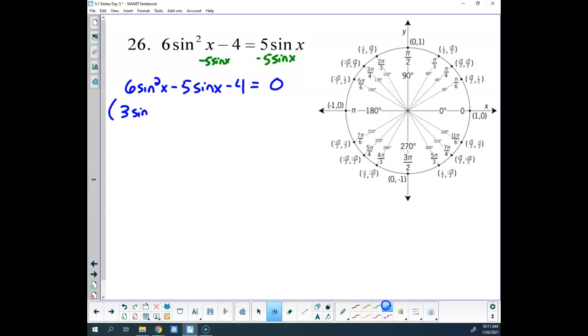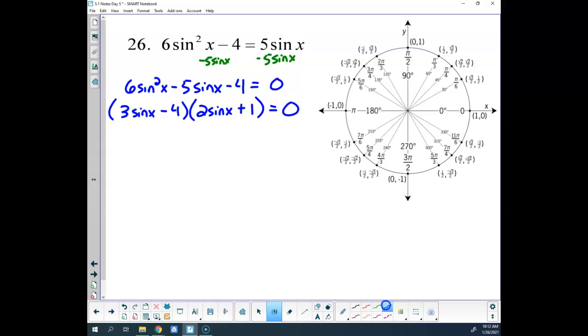The sine of x that I want to say is minus 4 and 2 sine of x, and I want to say it's plus 1. Because then we get negative 8 sines of x on the middle two, positive 3 sines of x on the outer ones.